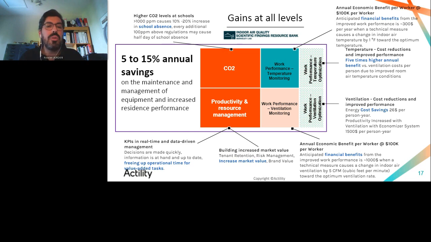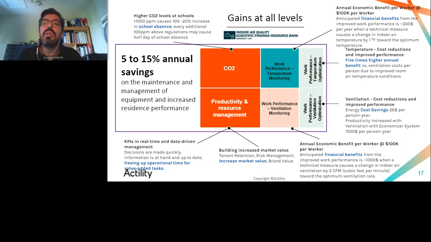You also have additional value by measuring work performance regarding the temperature, because the performance of the workers is related not only to the CO2 but also to the temperature.